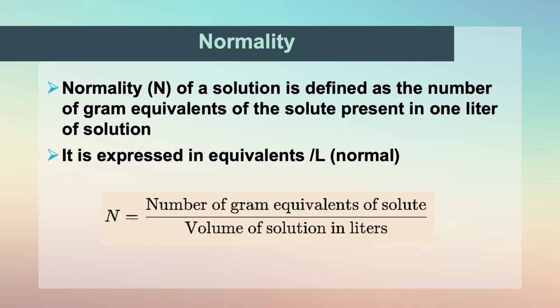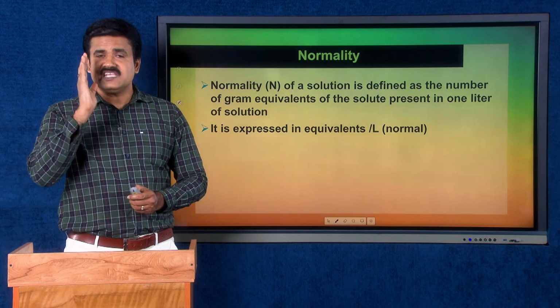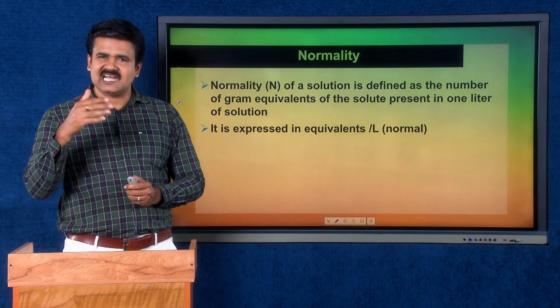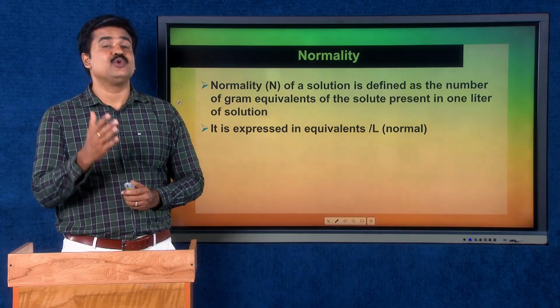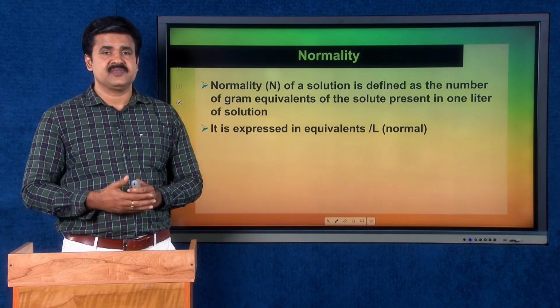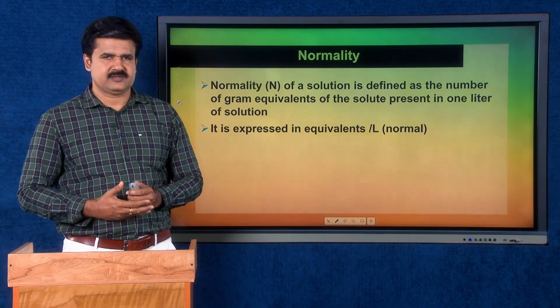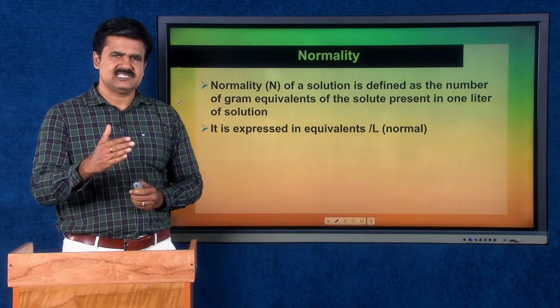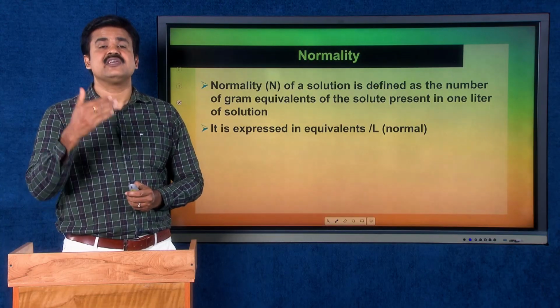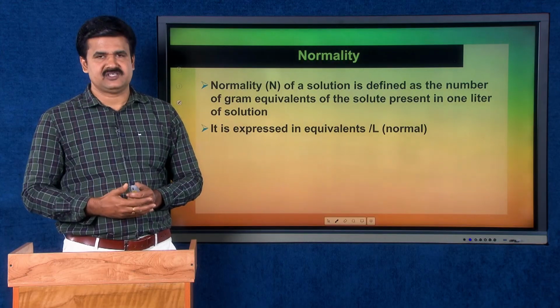This normality is expressed in gram equivalent per liter, or normal. The equivalence per liter is otherwise termed as normal. You know, in the case of molarity, the unit is mole per liter. Similar to that, in the case of normality, the unit is equivalence per liter.